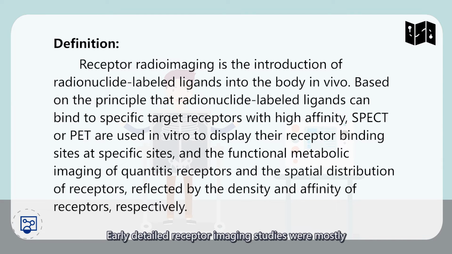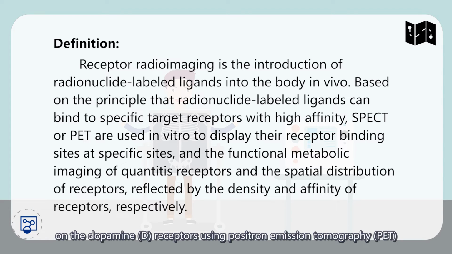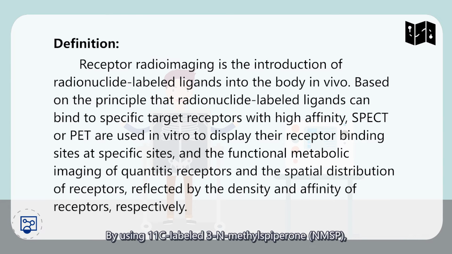Early detailed receptor imaging studies were mostly in the study of human brain disease. The first human receptor imaging was reported on the dopamine receptor using positron emission tomography, by using carbon-11 labeled N-methylspiperone (NMSP).